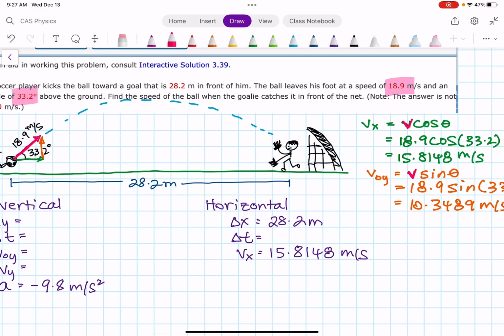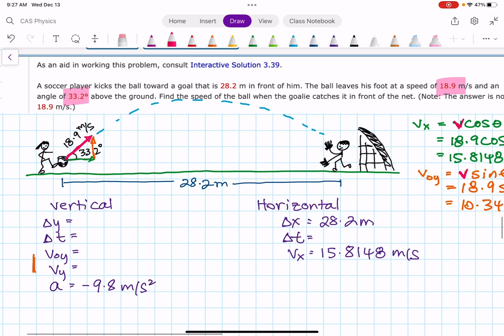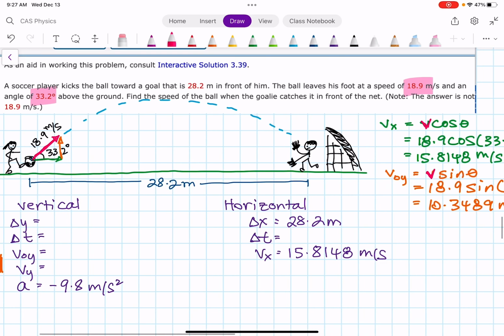So when this soccer player kicks the ball at 18.9, part of that is moving it forward towards the goal, that's the green, and part of it is lifting it into the air, that's the orange. And that's why we split it up into the two different components. So I'm going to list my components here.